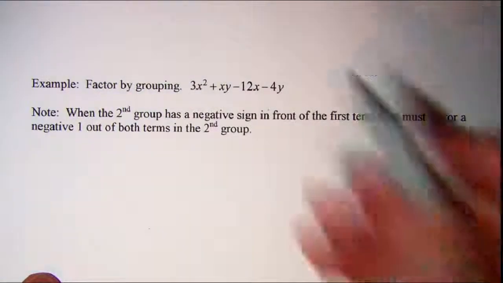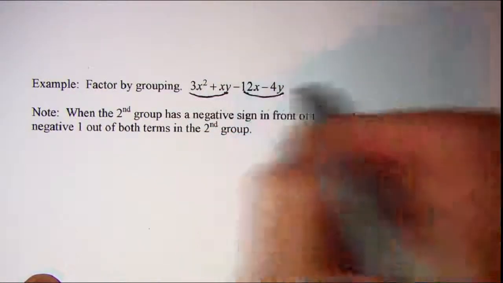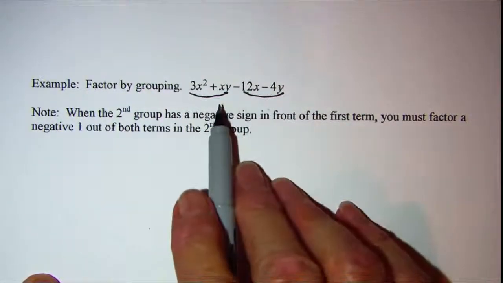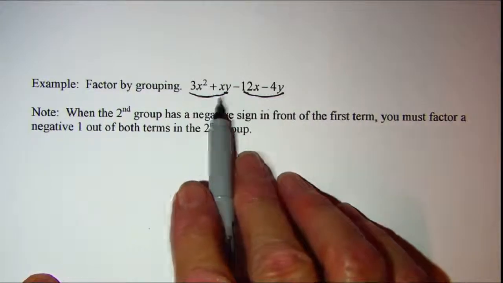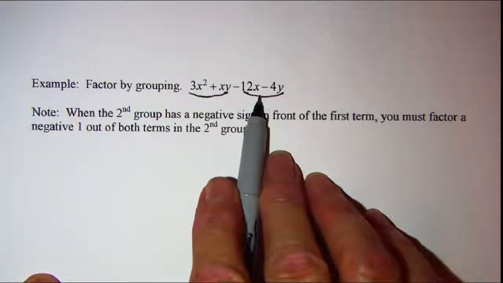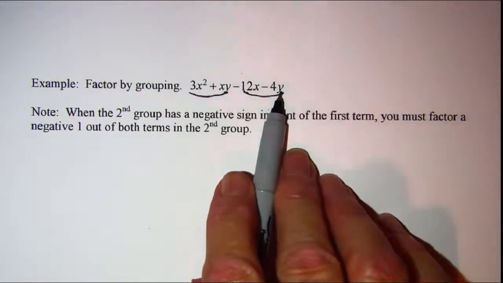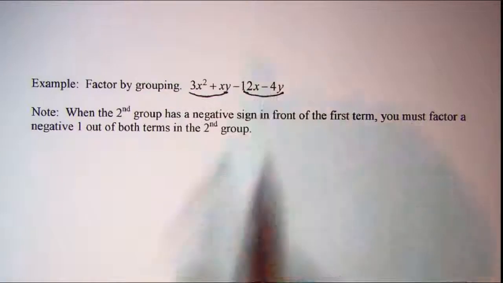So we're going to factor just like we did on the previous example, but when we go to factor this one, we need to factor a negative as well as the other factors that are common in both of those.